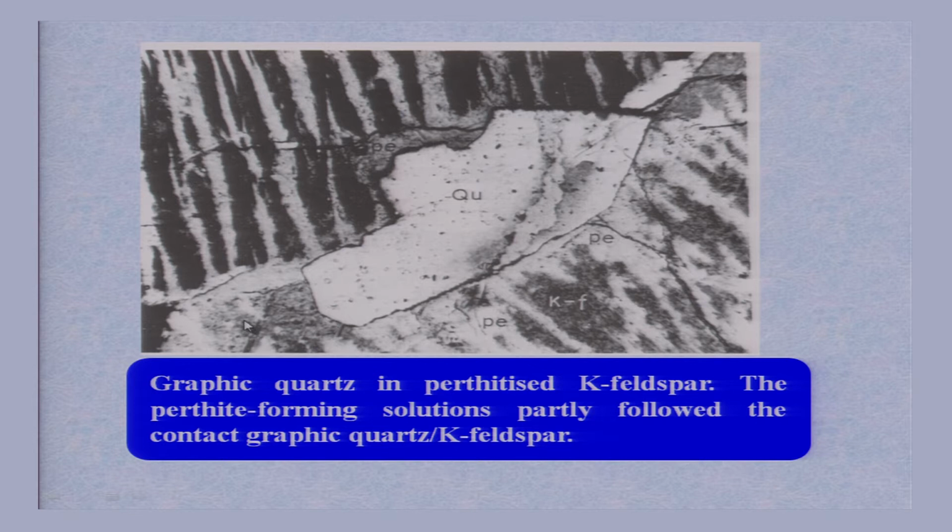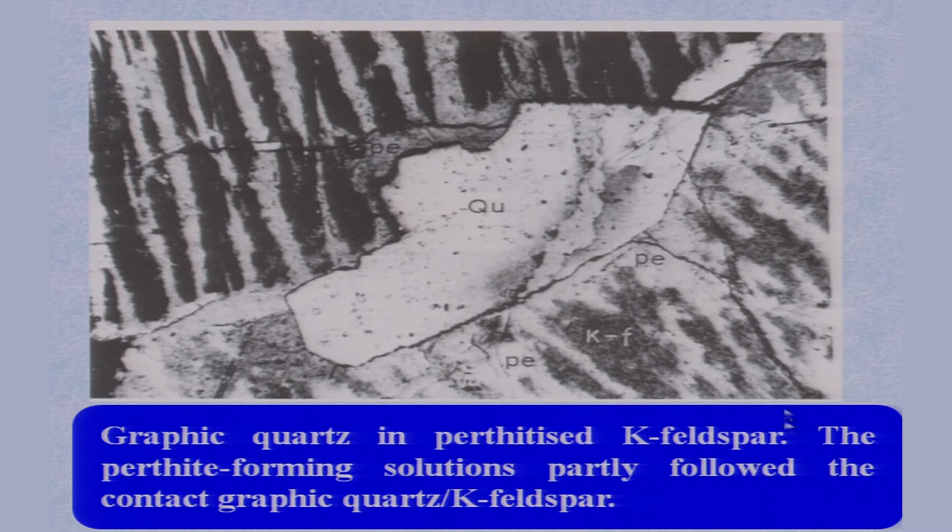Now, I am showing another slide where there is graphic quartz in perthitized feldspar. I have already discussed perthitic texture. This is a perthitic feldspar. You have a host of orthoclase and lamellar guest of other feldspar, maybe soda feldspar host and potash feldspar lamellae guest.